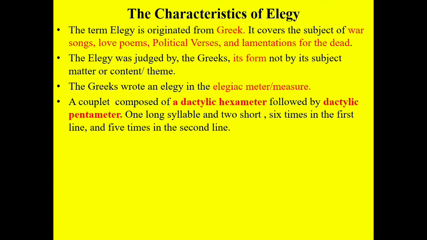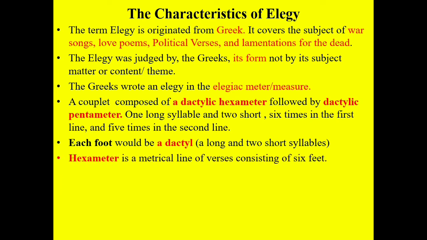So elegiac meter means the first line has the dactylic repeated 6 times, and the second line has the dactylic repeated 5 times. This is called elegiac meter. Each foot would be a dactylic, which is a long and 2 short syllables.